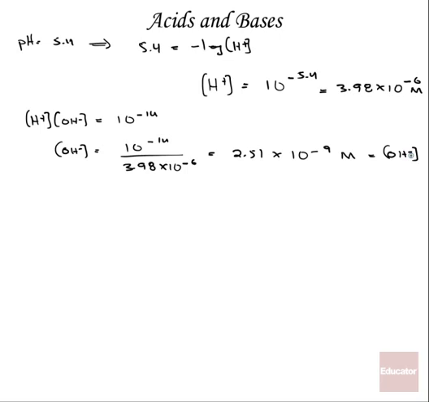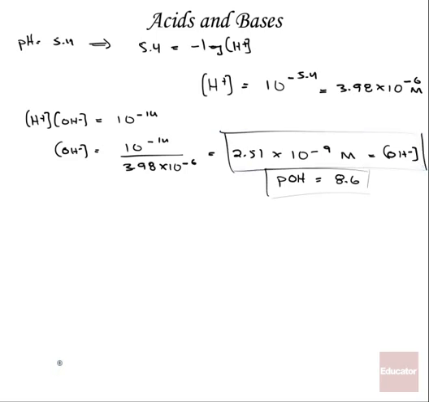If I have one, I have the other. If I wanted to go to pH, let's say, do the pOH, I would just take the negative log of this hydroxide ion concentration, and I get 8.6. Nice, straightforward, nothing strange going on here.